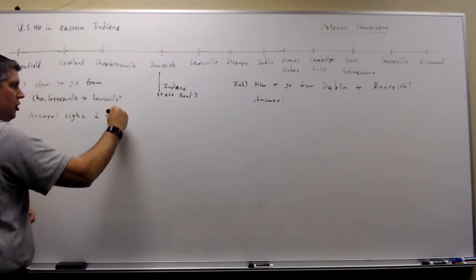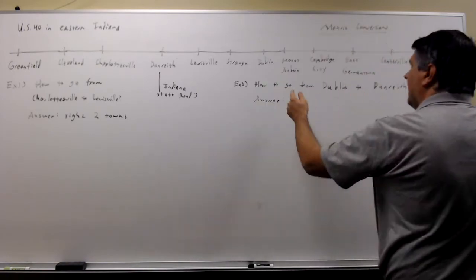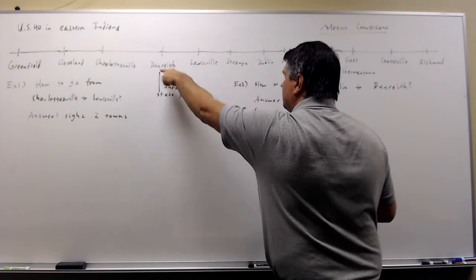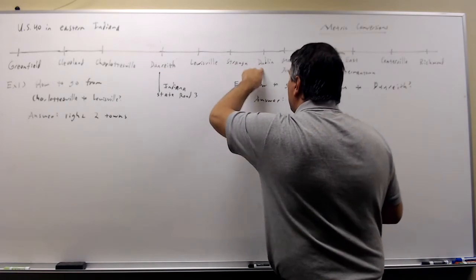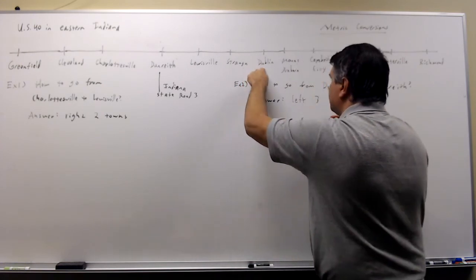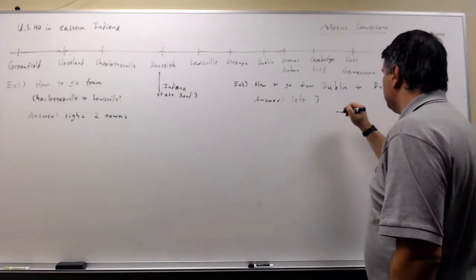If I wanted to go from Dublin to Dunreath, it would be left, facing north. So left 3. Left 1, 2, 3 towns.